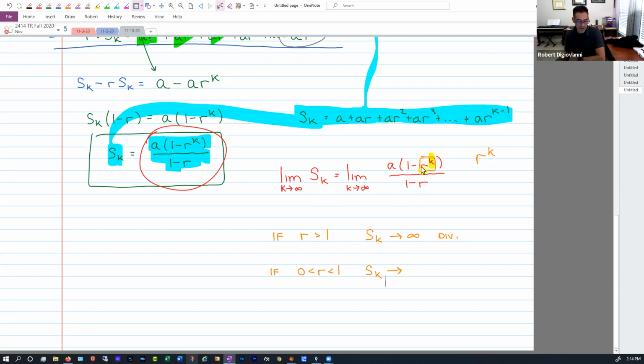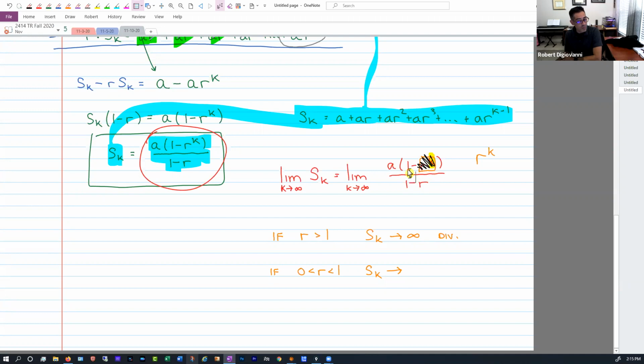If that thing goes to 0, what does this go to? If this right here goes to 0, then what is left?